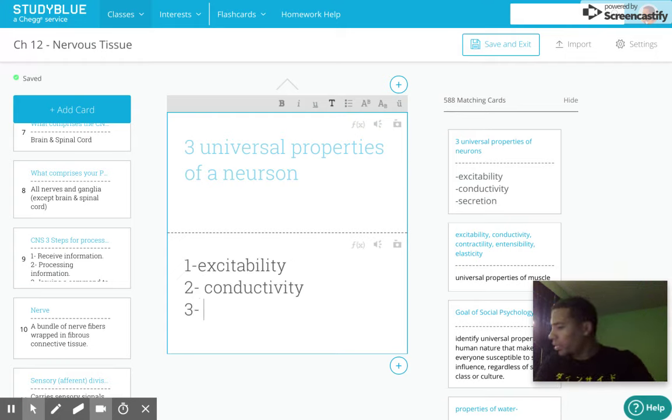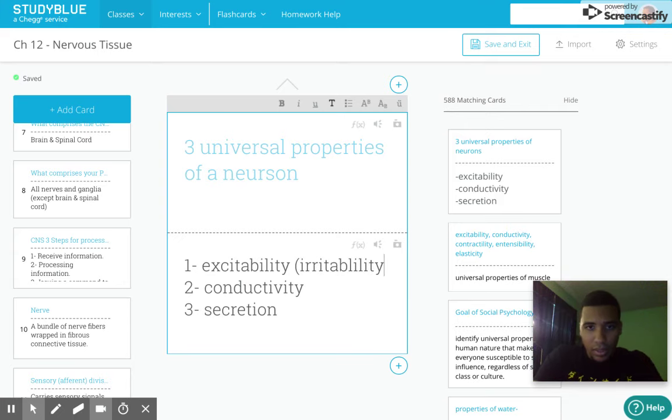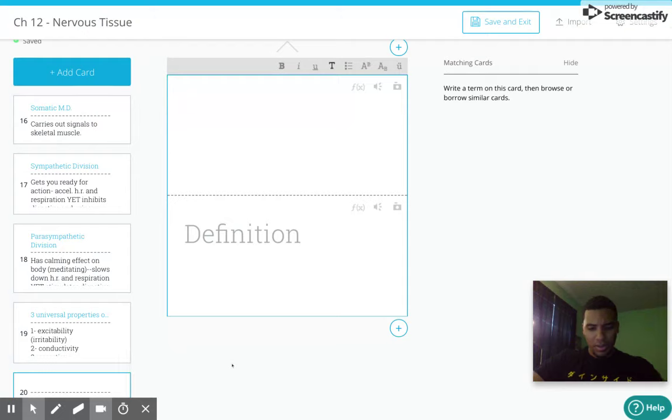So it's very similar to a muscle cell, except that this one has secretion. I think a muscle cell also has secretion. But yeah, excitability, and in parentheses, you're going to have irritability. So those are the 3. Go deeper if you want.